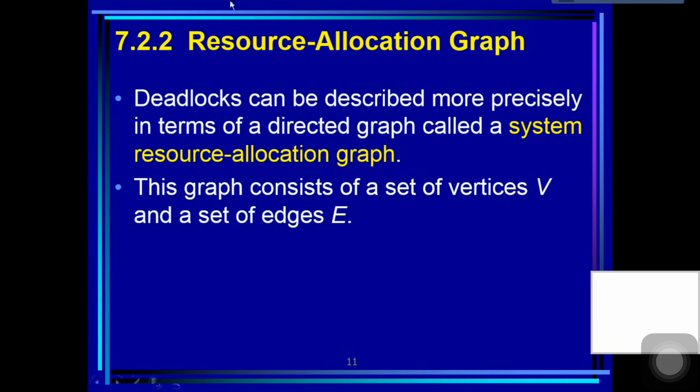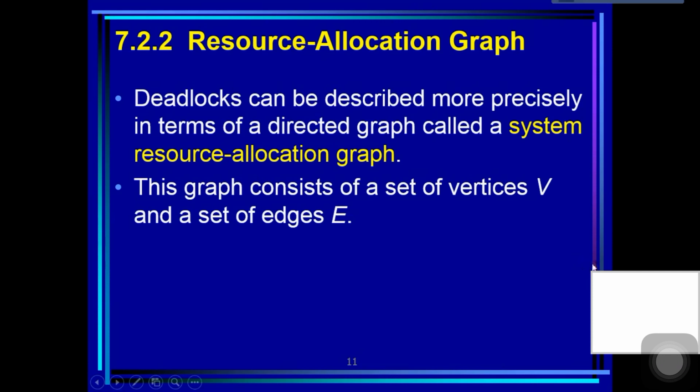Second, Resource-Allocation Graph. Deadlocks can be described more precisely in terms of a directed graph called a system resource allocation graph. This graph consists of a set of vertices and a set of edges.